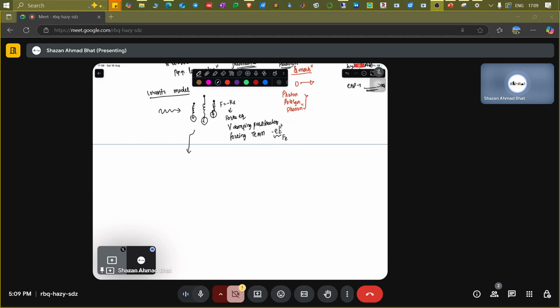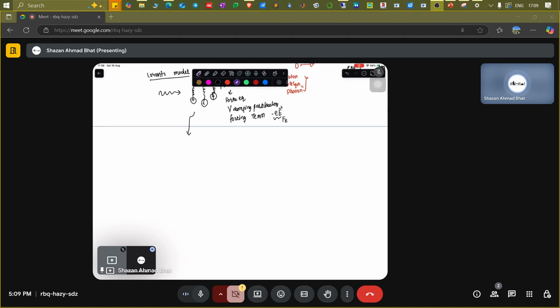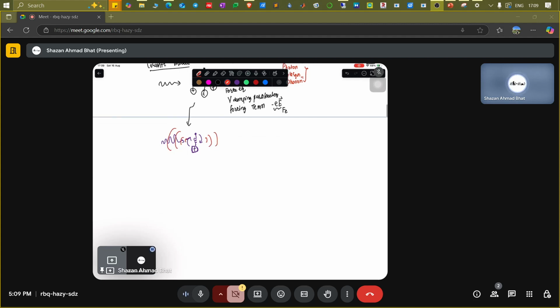Now, what happens in these systems is that if an incoming electromagnetic wave comes, it can oscillate this positive and negative charge back and forth. Once it oscillates, it emits electromagnetic radiation.